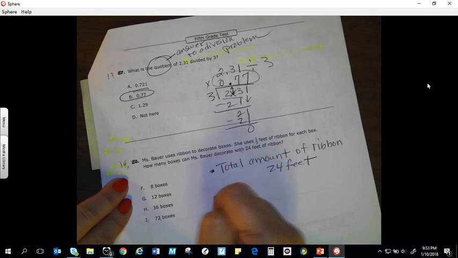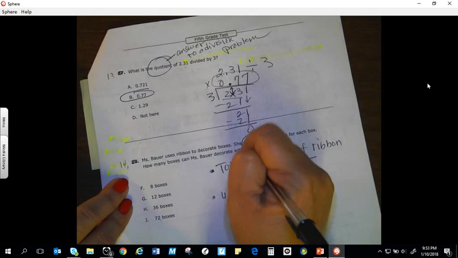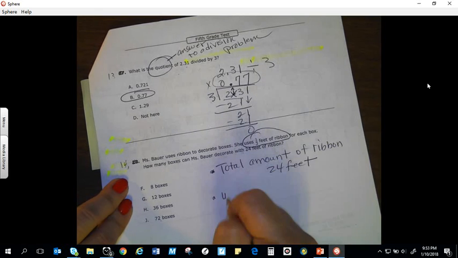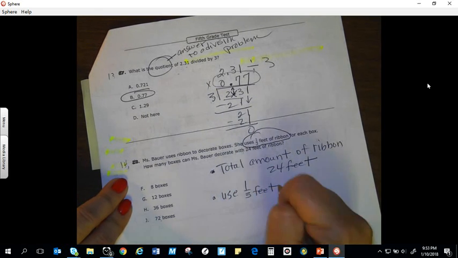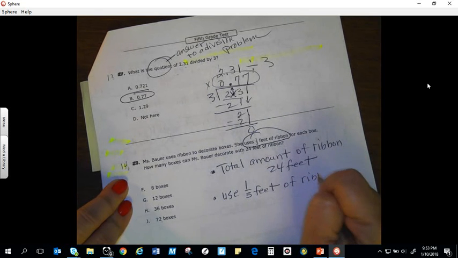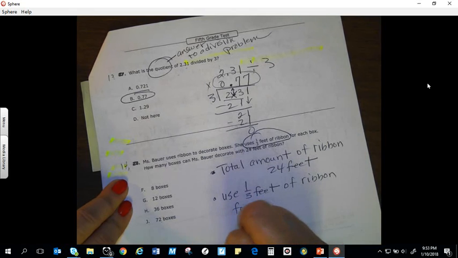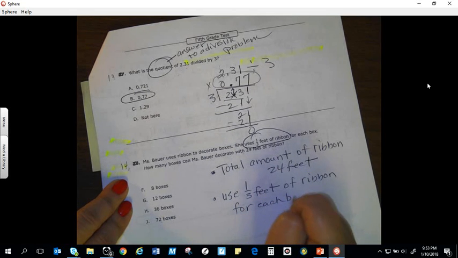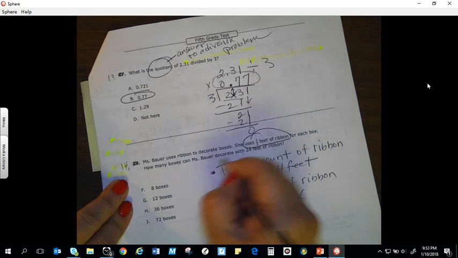And she's going to use 1/3 feet of ribbon for each box. This is her spool.